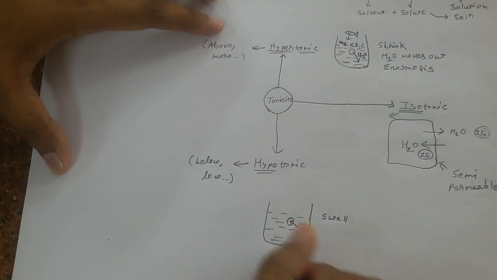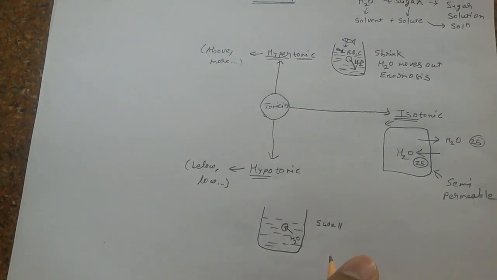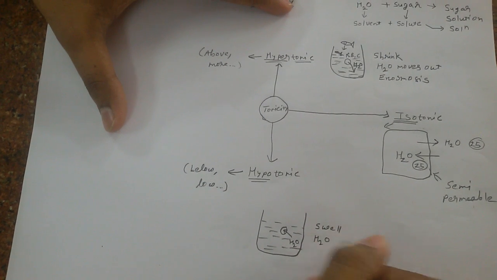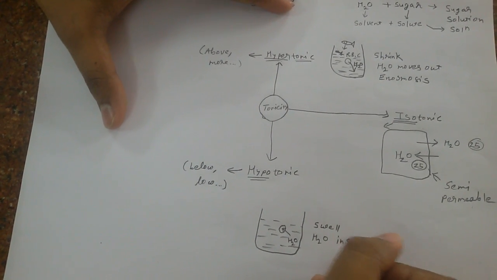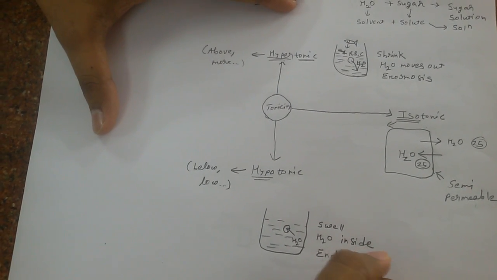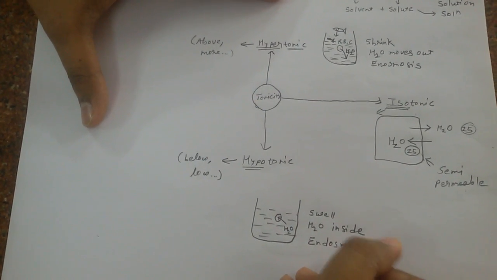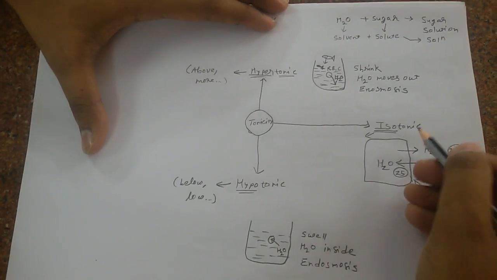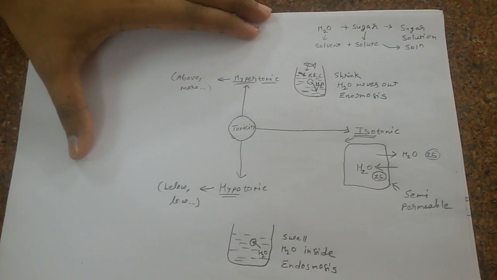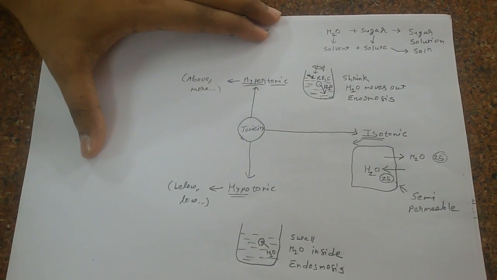So things when put inside the hypotonic solution, they will swell. Water moves inside, and it is called as endosmosis. Alright. In case of isotonic solution, as you know, same number of water molecules on both sides, so there is no change in the cell structure.